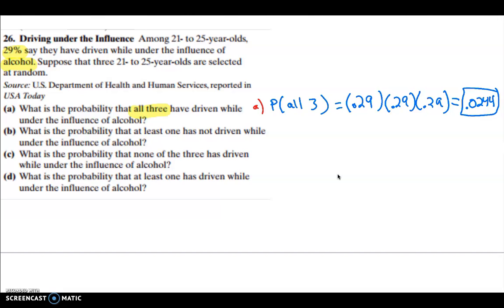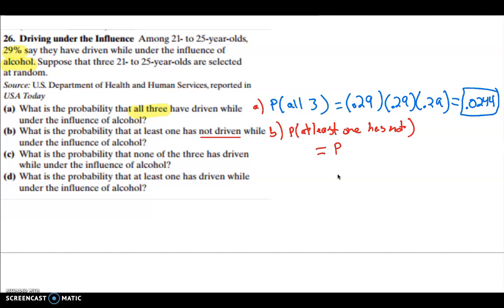That was part A. Part B, what is the probability that at least 1 has not driven while under the influence? So probability at least 1 has not. Then again, we're going to use the complement here.